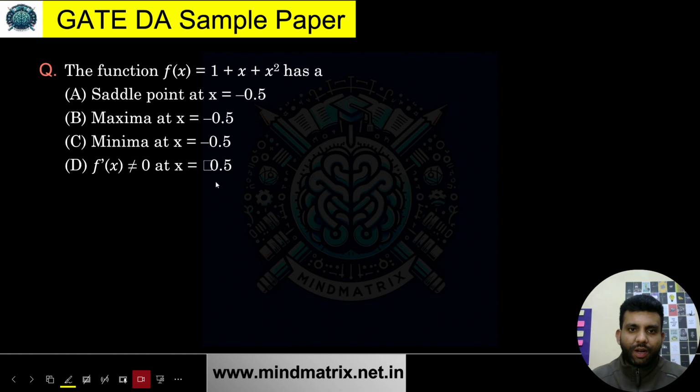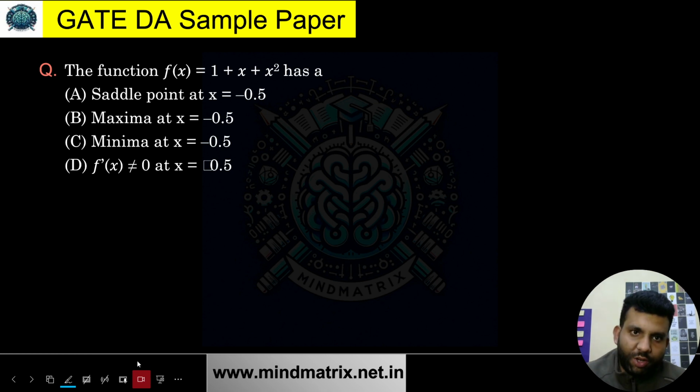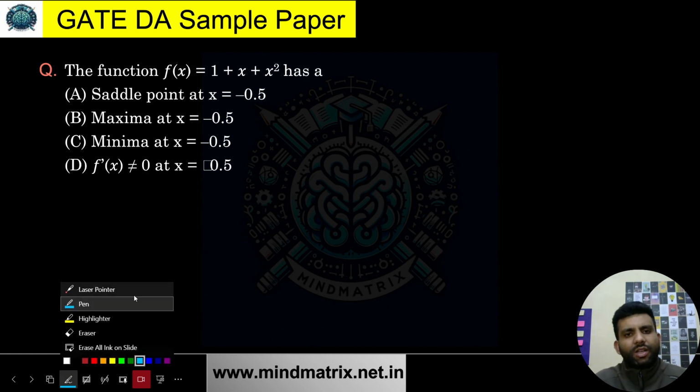Again, a good question we are having over here. Okay, let's see. So this function is given to me. Function is 1 plus x square. So I hope you know, there are multiple ways of solving it, and I'll tell you what all you can think about.